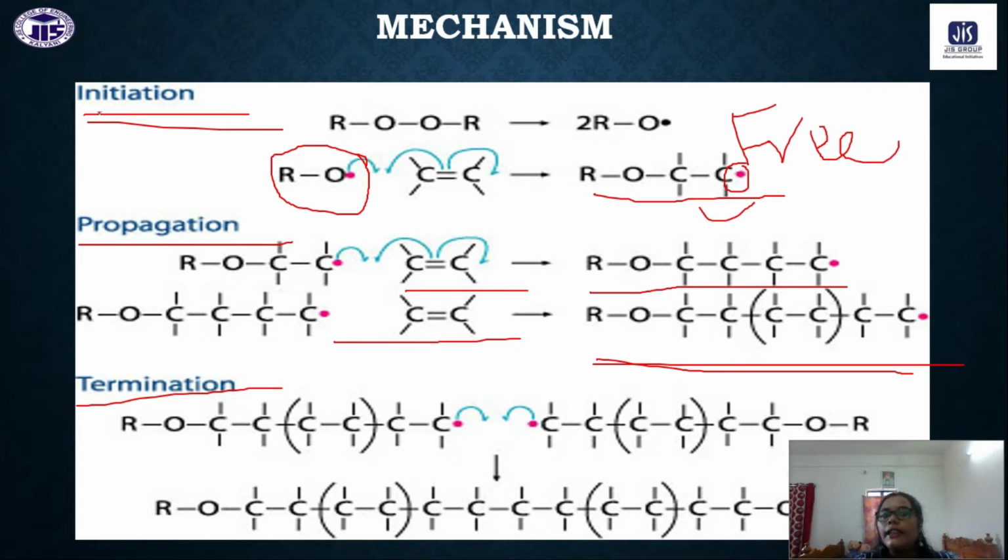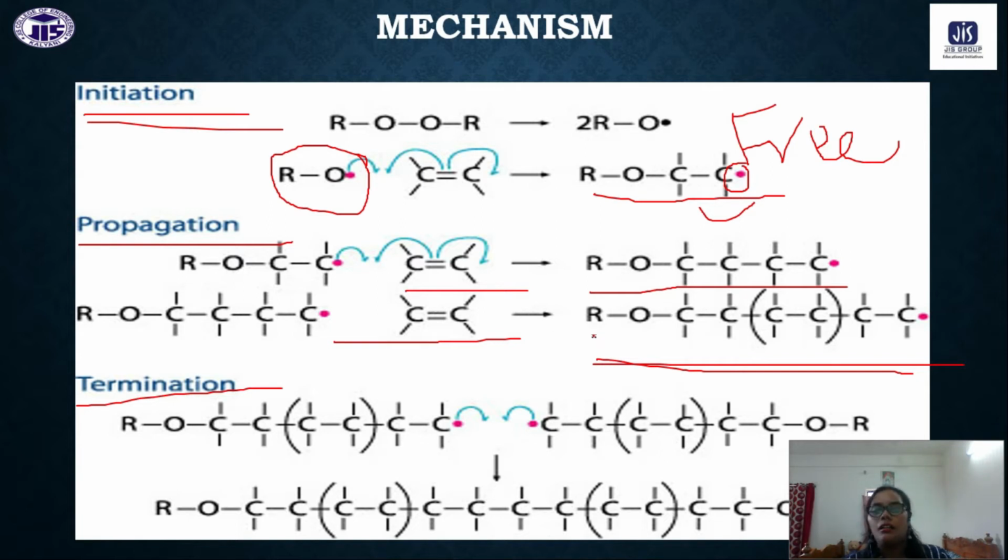So the first step is initiation: the free radical first initiates the reaction and forms more free radicals. These then act on more ethylene molecules. In termination, the free radicals join each other to form the large molecule, which is called polyethylene.